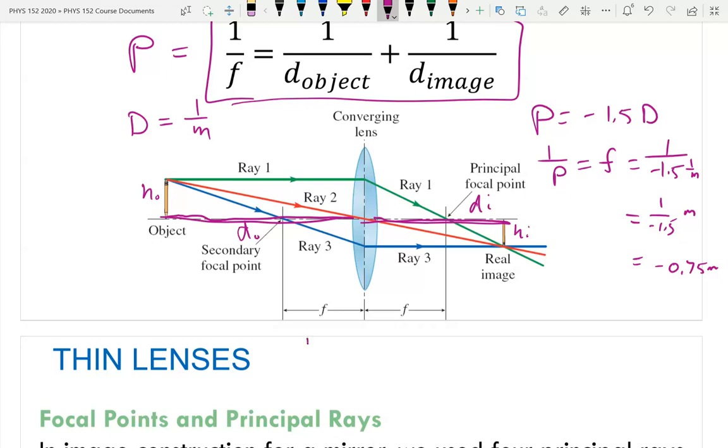Specifically, I have height object over distance object equals height image over distance image. Now you look at that, and at this point you're like, I don't see it. I don't see it at all, right? Because first of all, it's only two terms, and it doesn't have the focal length in it.